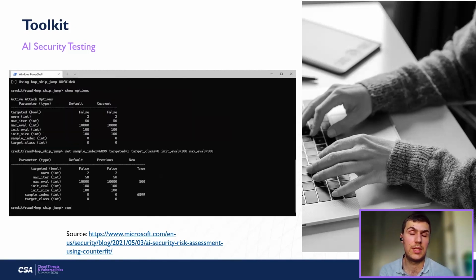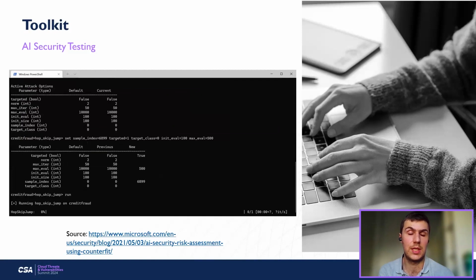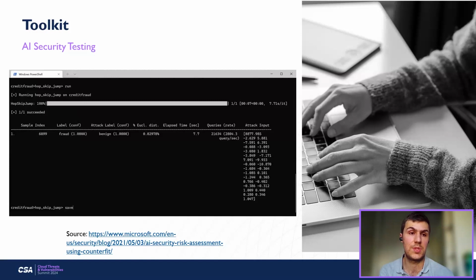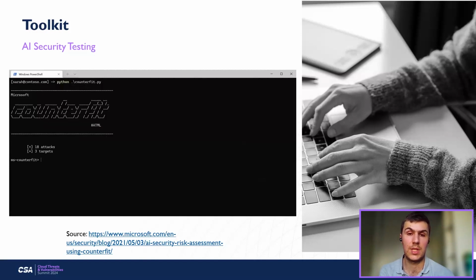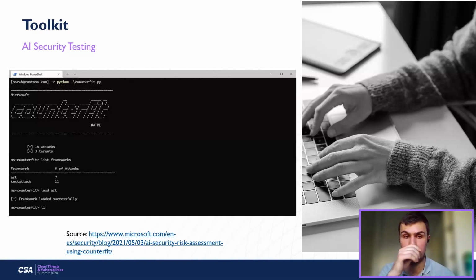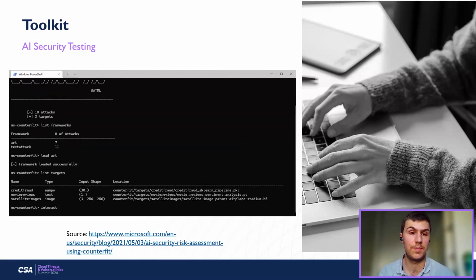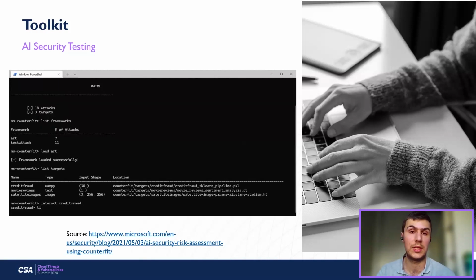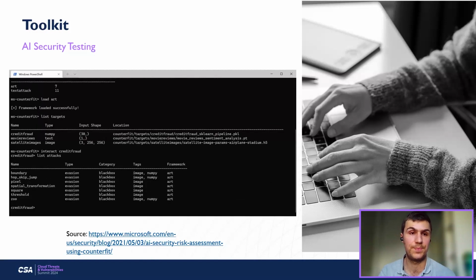There are different frameworks and different attacks that can be utilized against various systems. So this is just a sample application, working with the tool, where you can see that some of the attacks are being exploited and tested for the system.